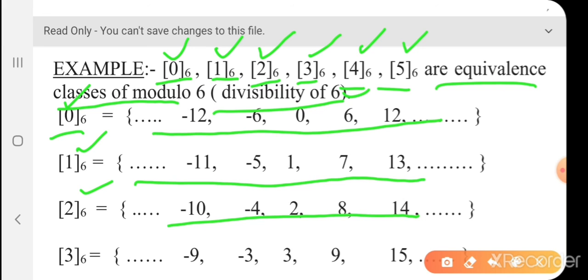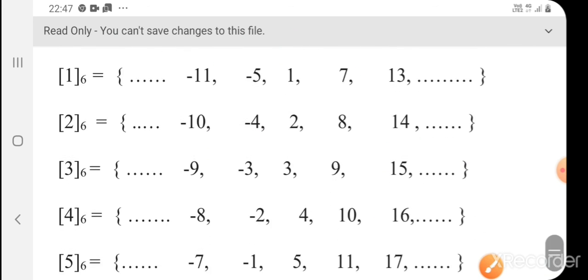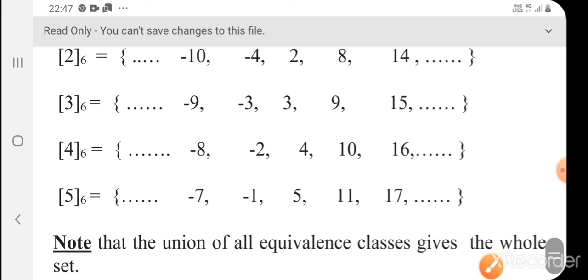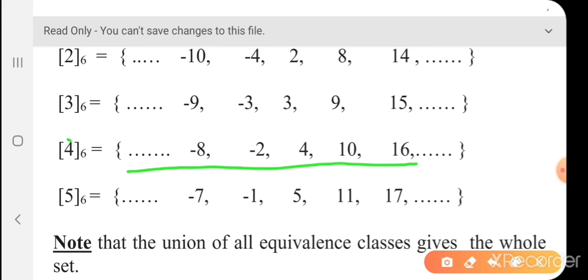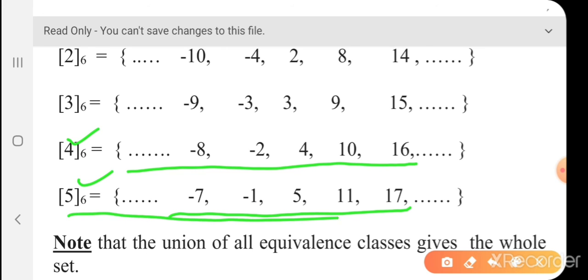When these numbers are divided by 6, the remainder will be 3, so this is the equivalence class of 3. Likewise, these divided by 6 give remainder 4, so this is the equivalence class of 4. And these divided by 6 give remainder 5, so this is the equivalence class of 5.